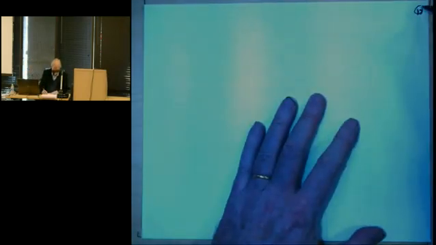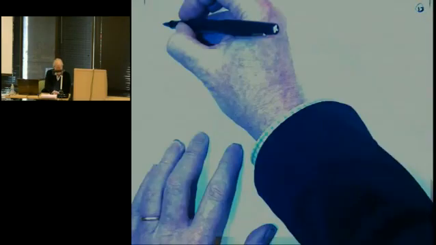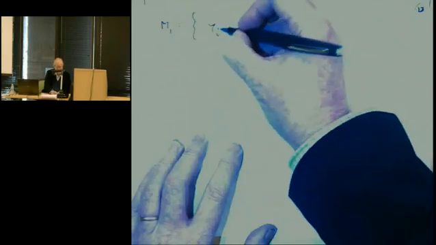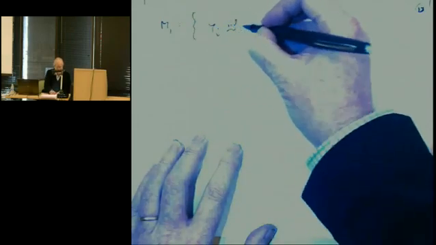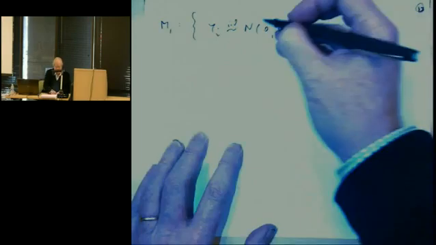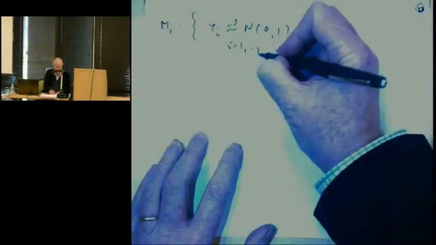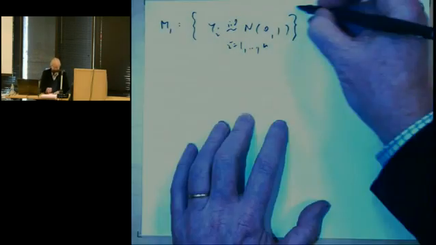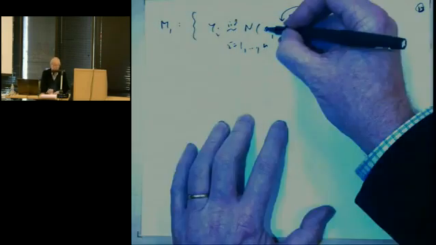So I'll give you a really simple example that is often irrelevant to actual statistical practice. Model 1: y_i IID normal(0, 1), i equals 1 to n. In other words, you're in a Gaussian and you know the variance and you even know that the mean is 0.